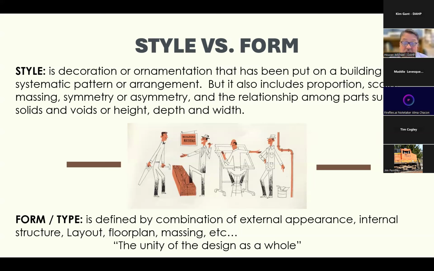So applied ornamentation, and then the form or type is really the combination of the external appearance, the layout, the structure, the floor plan, the massing, the size, things like that, the unity of the design as a whole. In general, this might be a little oversimplification of things, but that's an easy way to think about the difference between style and form.